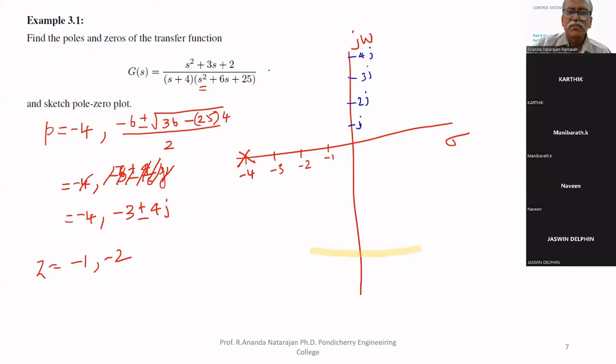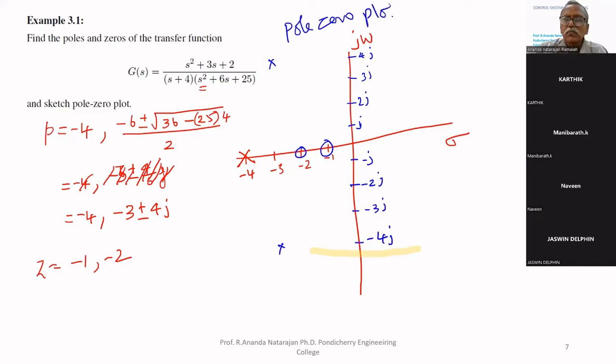Here one pole. Zeros are at -1, -2. This is called the pole zero plot.